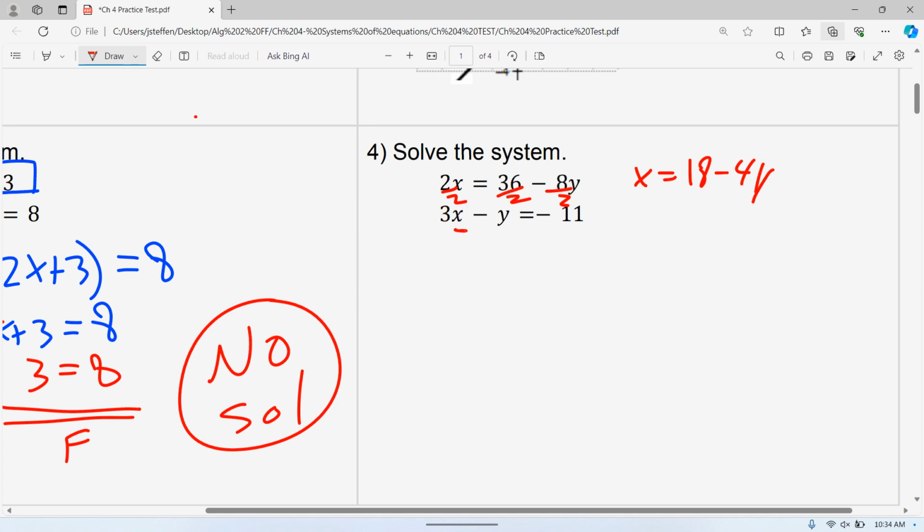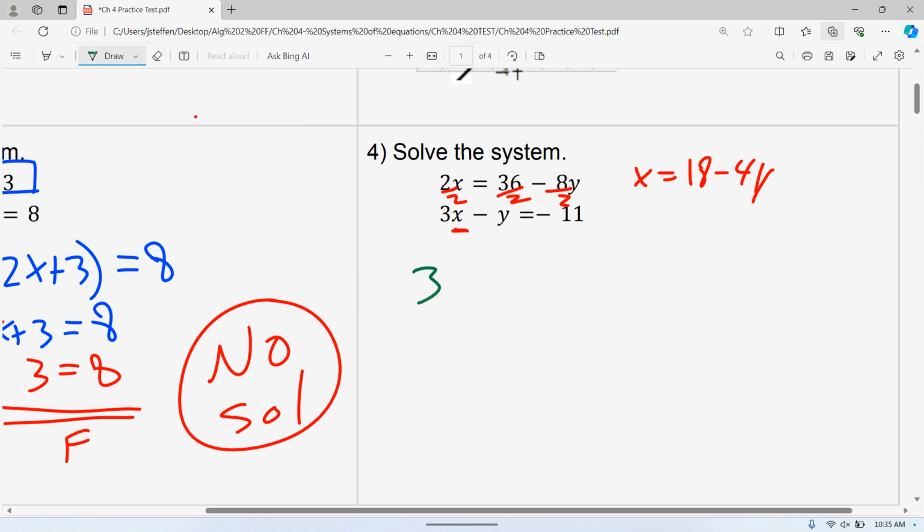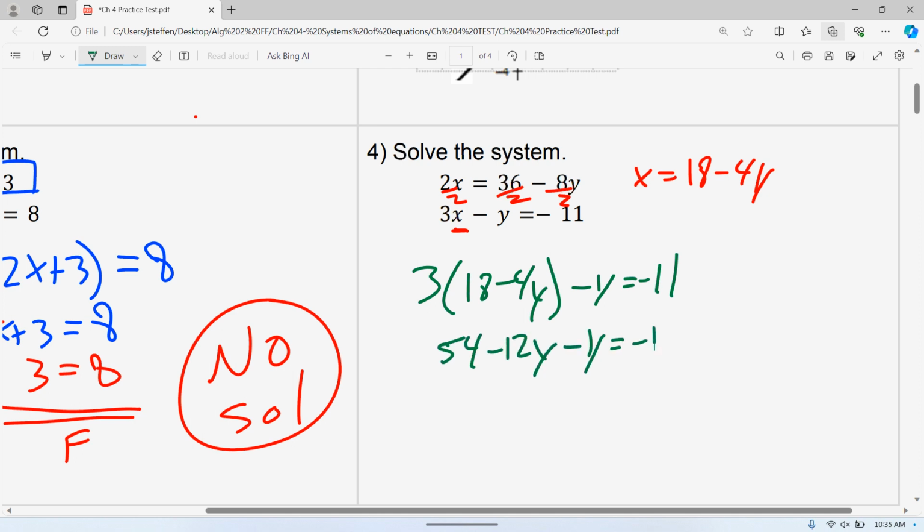So if I take that and plug it in for this x, I have 3 multiplied by 18 minus 4y, minus y is equal to negative 11. 3 times 18 is 54. 12y minus y is equal to negative 11.